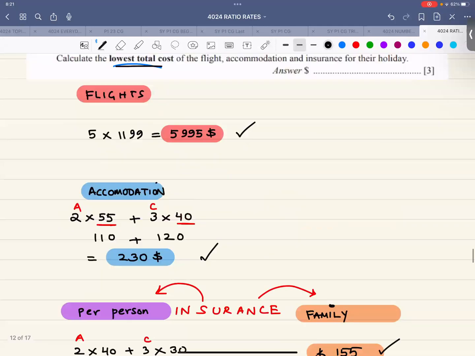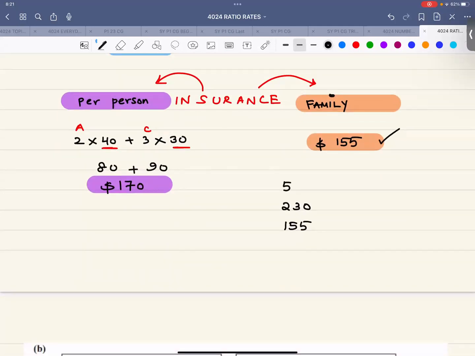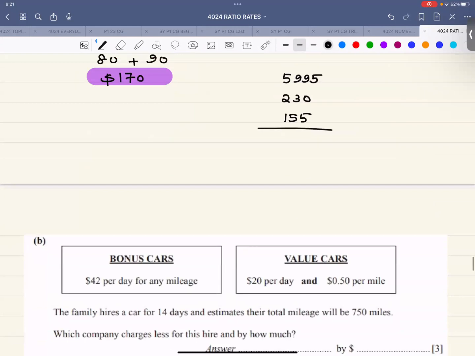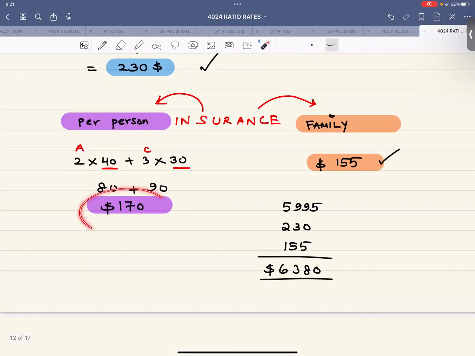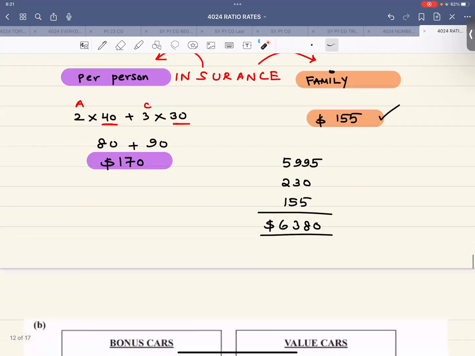And what do we have? 5995 for the flights. So the flights are the most expensive one. 5995 plus 230 plus 155. So the total cost is $6380. We don't even have to include the other value because we already judged that this is the lowest one. So just use this one.